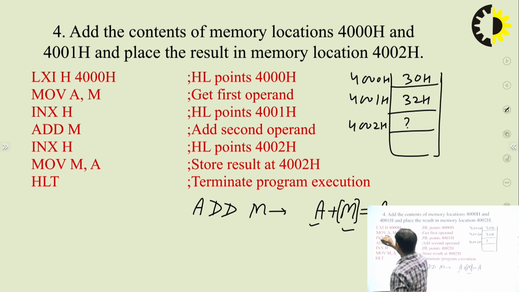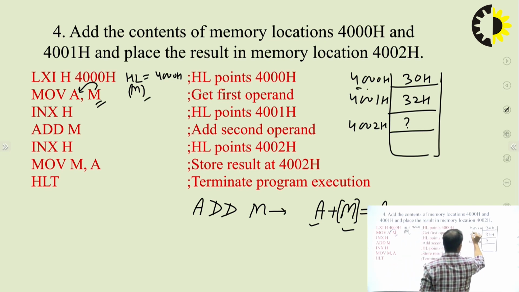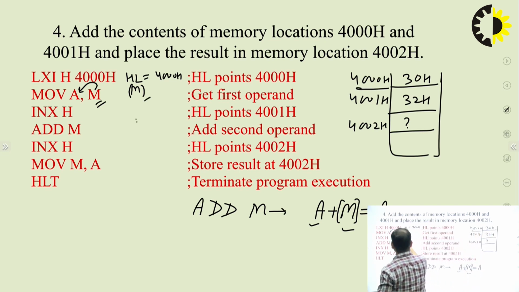LXI H 4000H means the HL pair will carry 4000H. MOV A, M, as I said, the HL pair is nothing but M. Then the content of M will move into the accumulator. The content of M is 30, so the accumulator contains 30H.